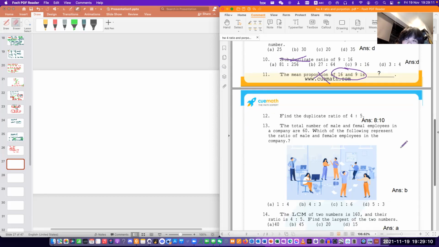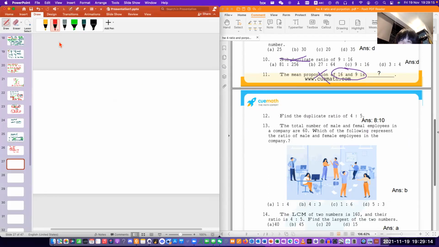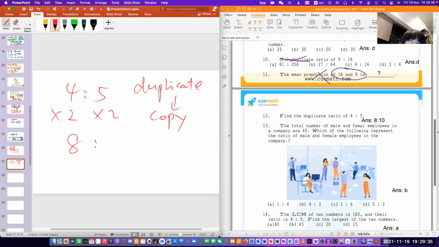Okay. So find the duplicate ratio of 4 to 5. I think there are many. Duplicate means copy. Copy means the exact copy. If I say, please duplicate this question, that means you copy the question. So if you copy, basically you get it either times 2 on both, you get 8 to 10.